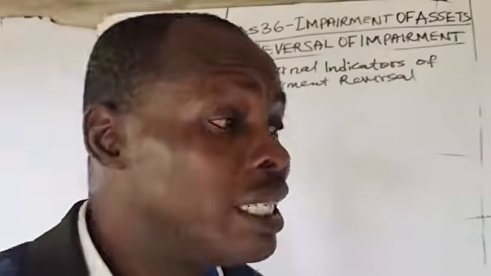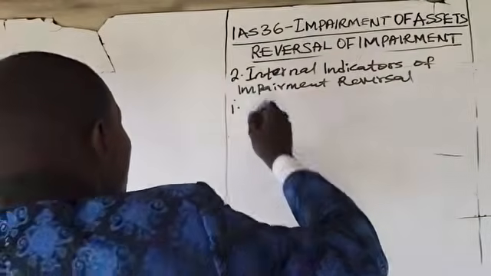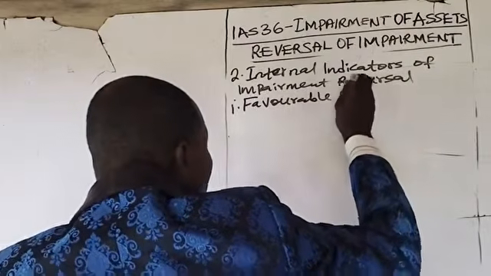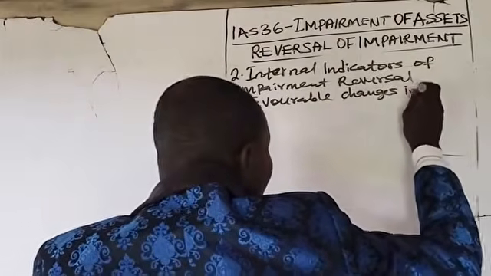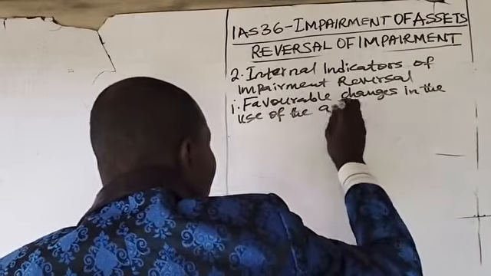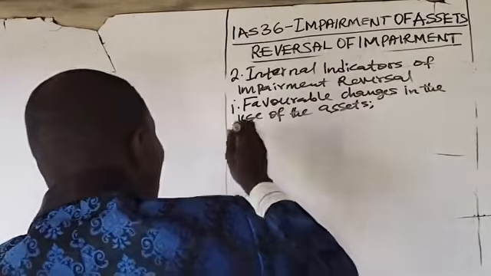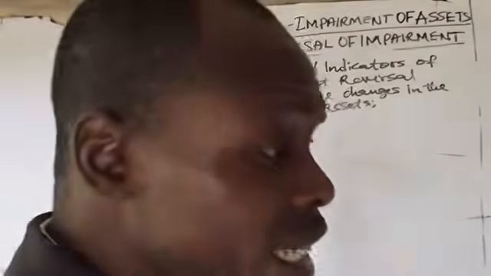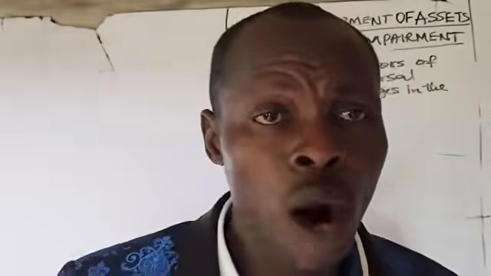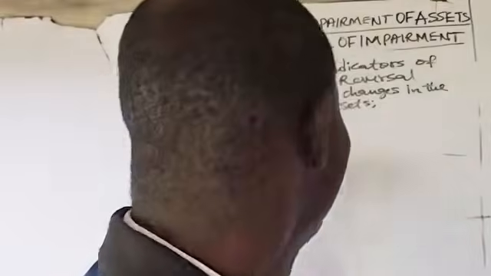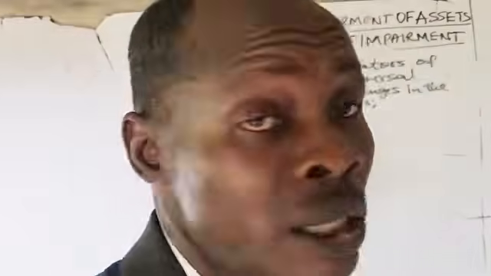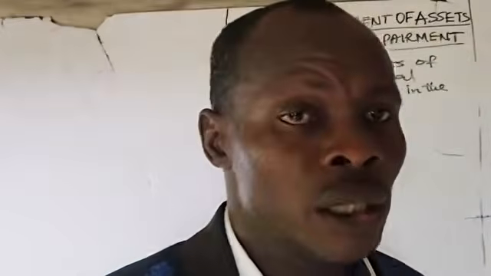Number 1, we have favorable changes in the use of the asset. Where the asset usage is no longer as bad as it was in the past, that means the asset value may be increased because there will be less damage to the asset.